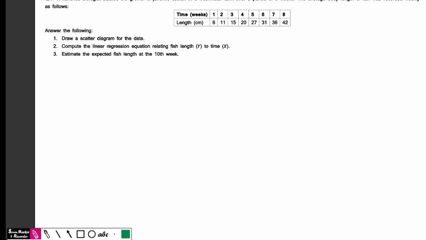The next question is that we have to compute the linear regression equation which relates the fish length y to the time x. So we have to derive this equation. And how do we do that? So we know that the dependent variable will be equal to a. A is what?